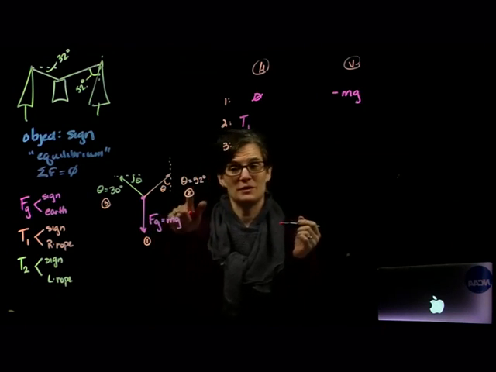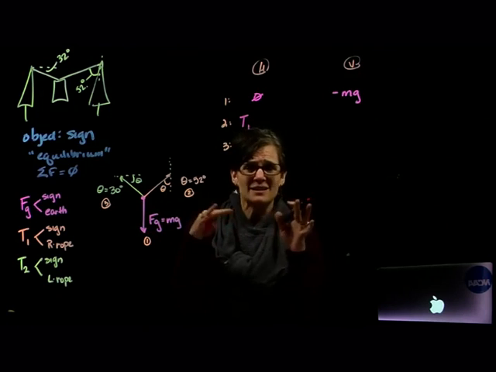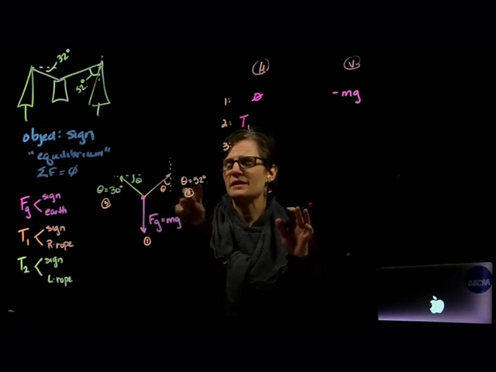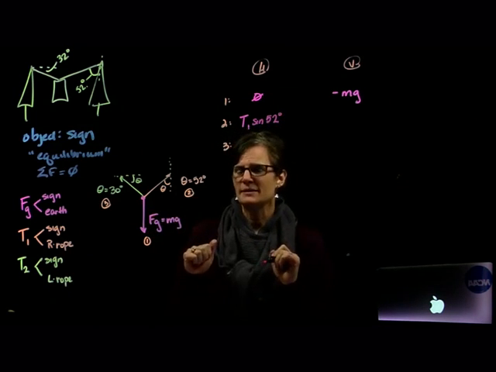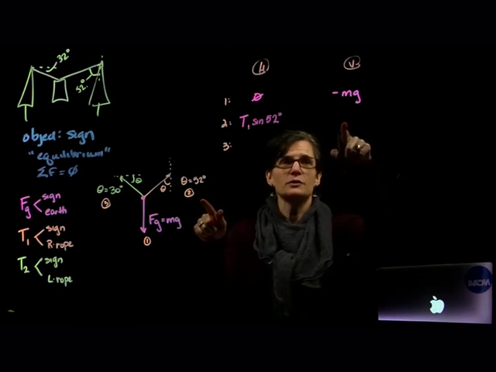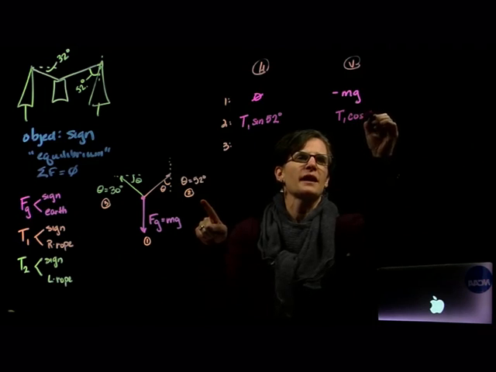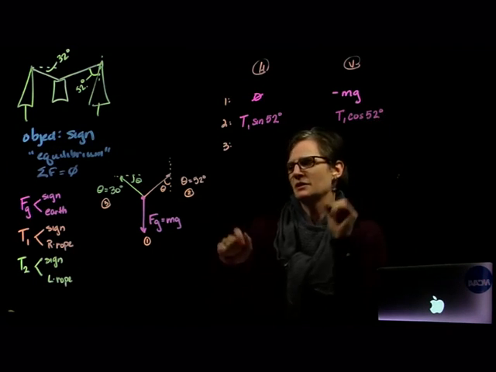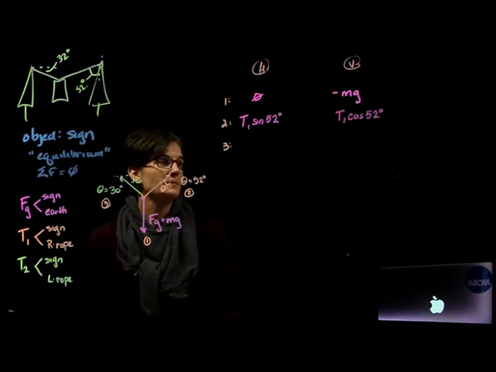If I want to use this internal angle that's given, I could use a different angle. I could use one relative to the horizontal axis. But I want to use this 52 that's given. It's opposite. So in this case, it's the sine of 52 degrees. And for the vertical direction, the tension times the cosine of 52 degrees.